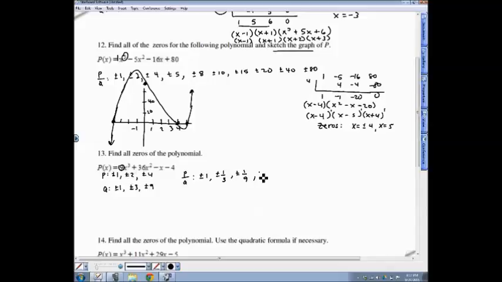I move over to 2, 2 over 1 is 2, 2 over 3 is 2/3, and 2 over 9 is 2/9. Then move over to 4, 4 over 1 is 4, 4 over 3 is 4/3, and 4 over 9 is 4/9. So those are our list of possible rational zeros.